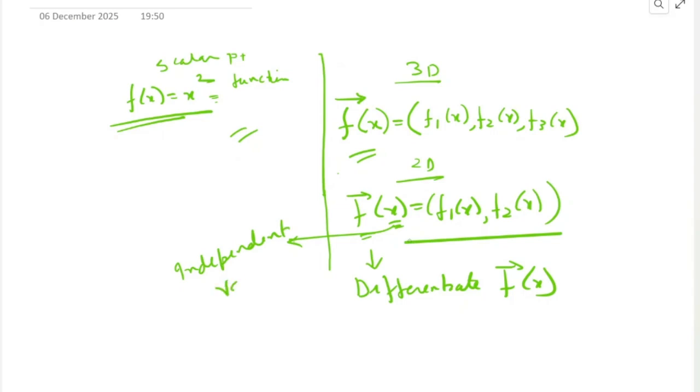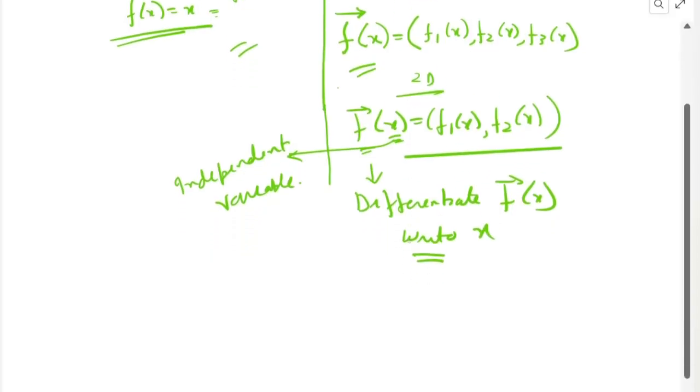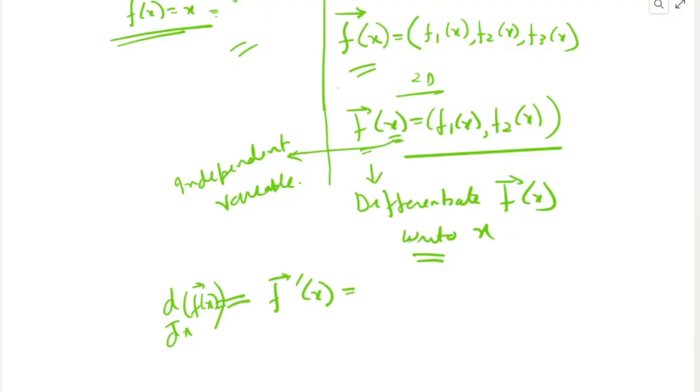So I have to differentiate with respect to x only. There is no other independent variable here. So how do we do it? This is the notation, or you can also write d/dx of f(x). Please put this direction sign, and this will be equal to the component-wise derivative.